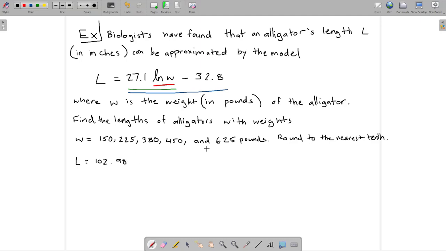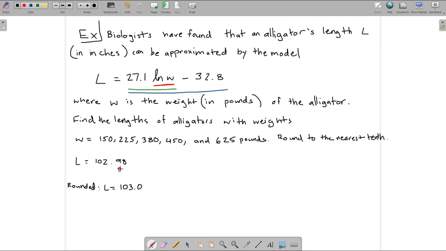I want to round to the nearest tenth, right? And the nearest tenth is this spot. If I'm looking at the next digit, this 8, I'm going to want to round up. But I don't have anywhere to round up. I'm already at 9, the largest that this digit could possibly be. So this is actually going to become 103.0.